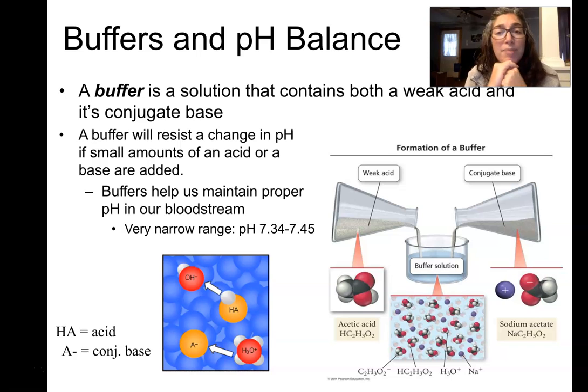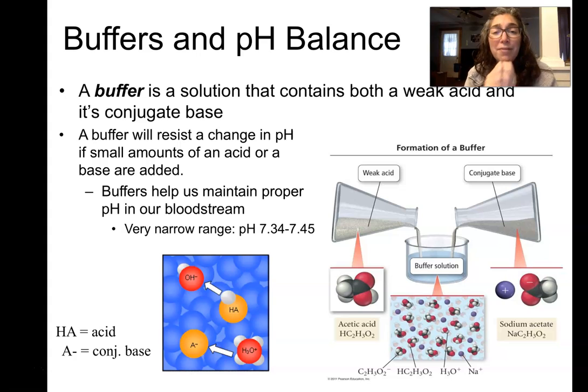And this is important biologically because pH is really important in the environment of our cells. Our cells can't really withstand drastic changes in pH all the time. And so if a little bit of acid enters the system, you don't want it drastically changing the pH of your cells.